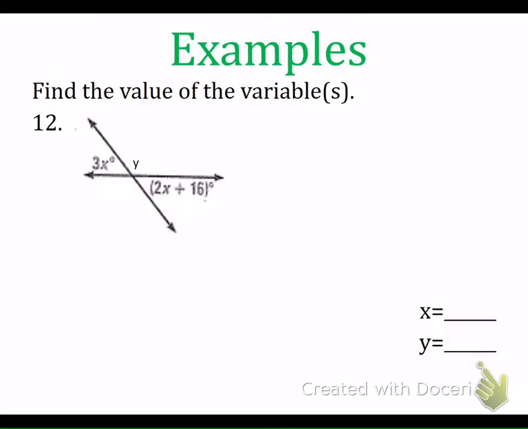All right, once again, we've got to decide what we're looking at. Are these vertical angles that we're going to make equal? Are they a linear pair that we're going to add to 180, or do we need a whole different strategy altogether? These are right across from each other.